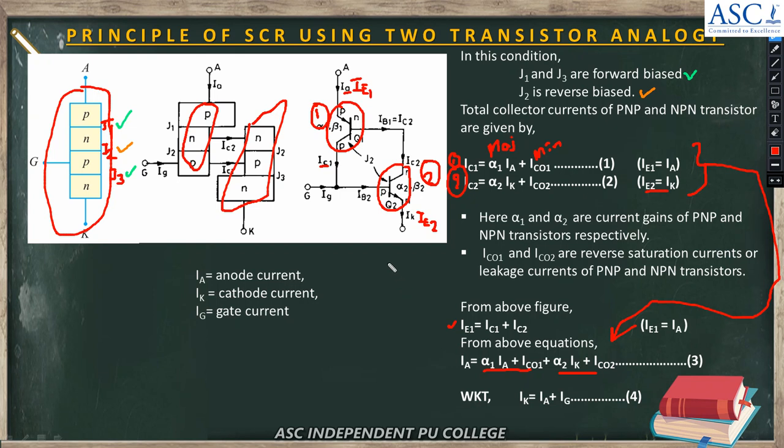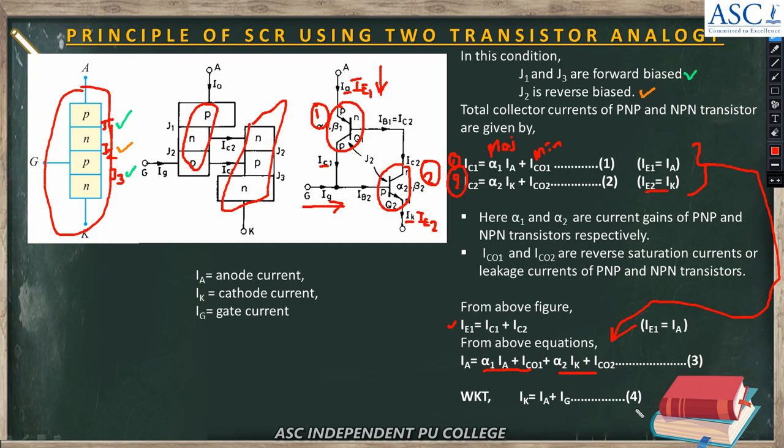Now from figure, IK is given by this current as well as this current. That is IK equal to IA plus IG, where IG is gate current, IK is cathode current, IA is anode current.